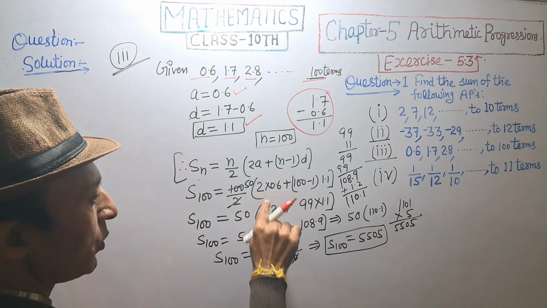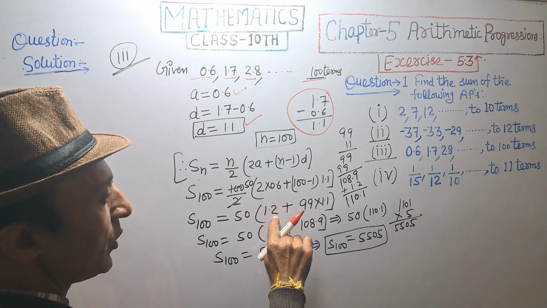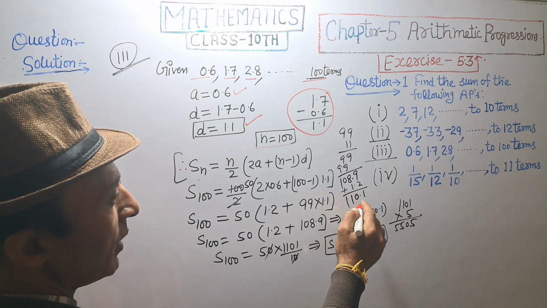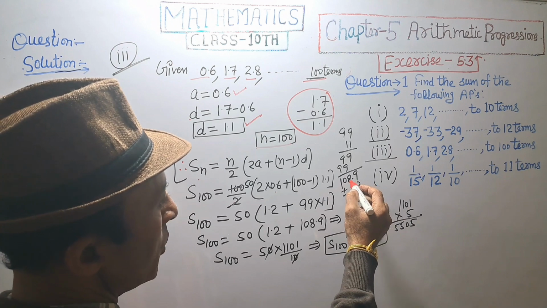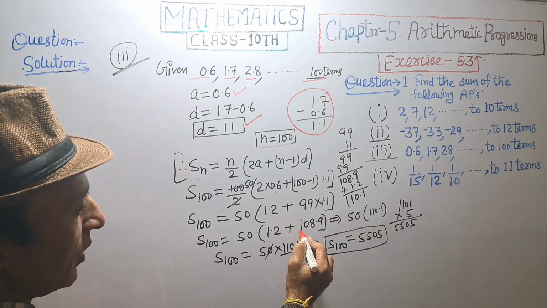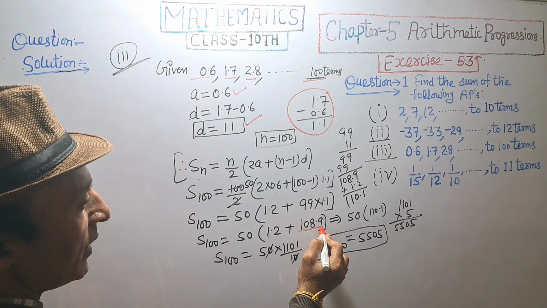0.6 multiplied by 2 is equal to 1.2, and 99 multiplied by 1.1 is equal to 108.9.